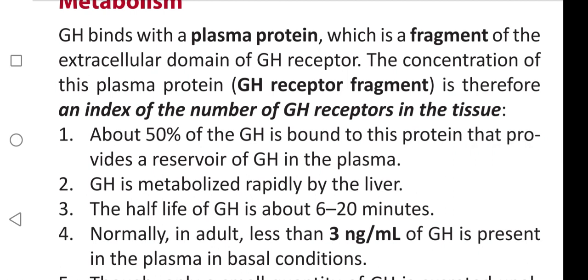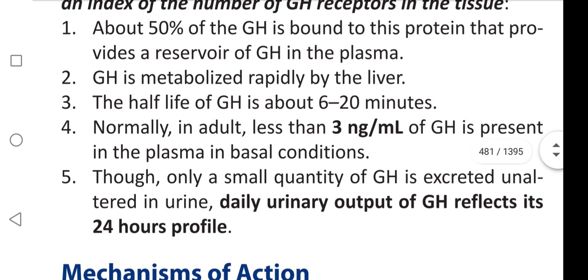About 50% of the growth hormone is bound to this plasma protein that provides a reservoir of growth hormone in the plasma. Growth hormone is metabolized rapidly by liver. The half-life of growth hormone is about 6 to 20 minutes.